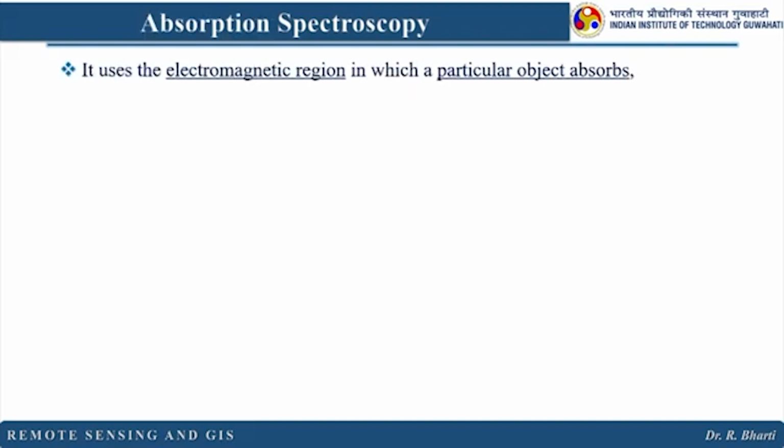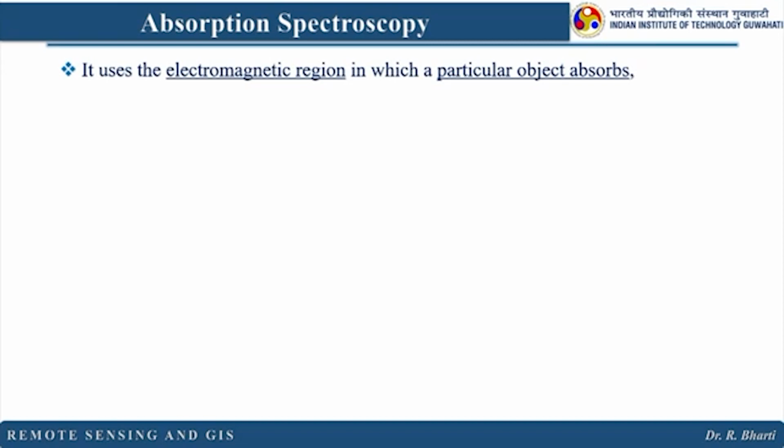So, let us see what we mean or what we do in absorption spectroscopy. This is basically related to your lab based instruments. It uses the electromagnetic region in which a particular object absorbs, right. So, here a particular wavelength will be used where we know our material, let us assume X.